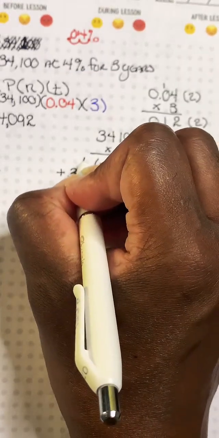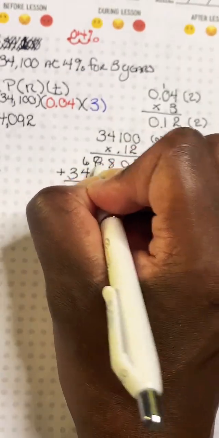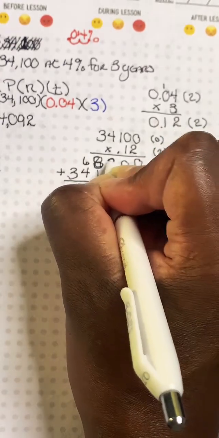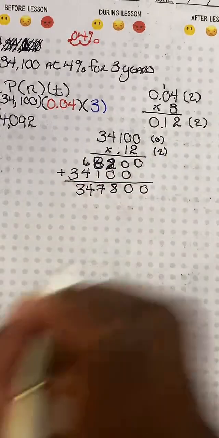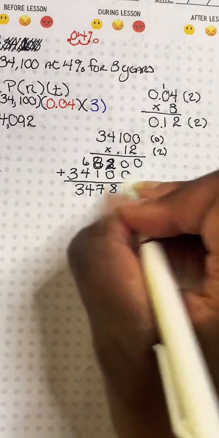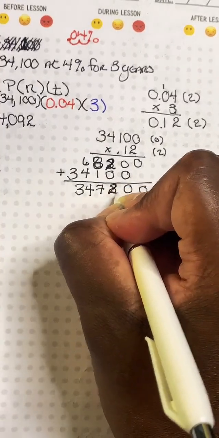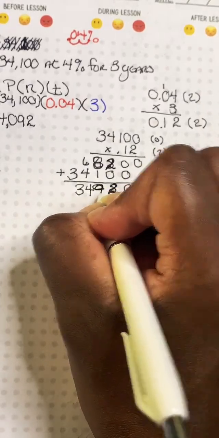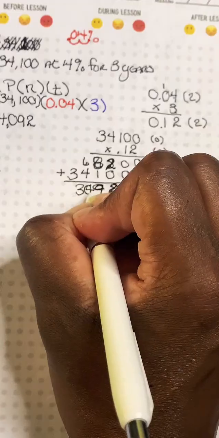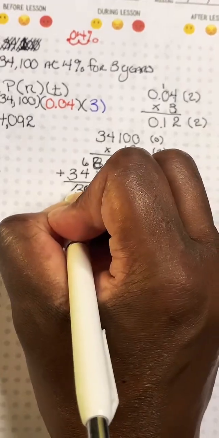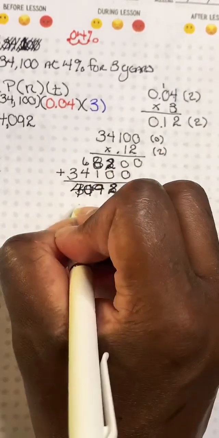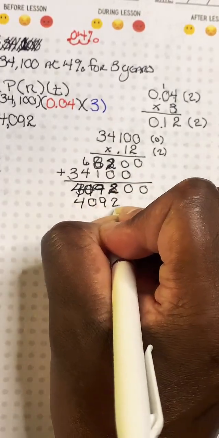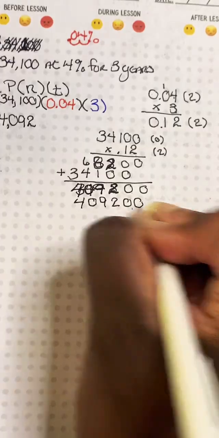I mixed the two, didn't I? There we go. So this makes this a 2. This makes it a 9. This makes it a 0. And this makes it a 4. So I have 4, 0, 9, 2, 0, 0.